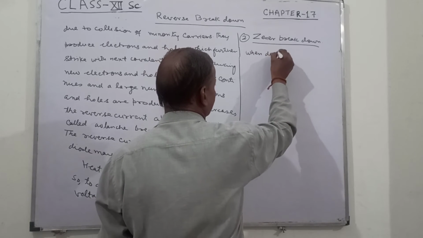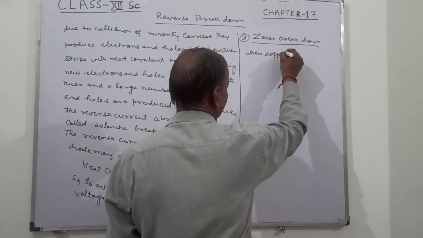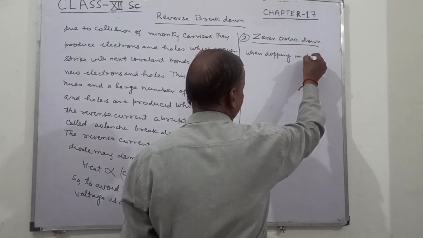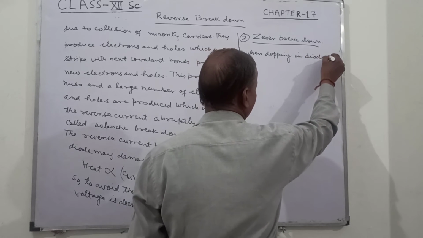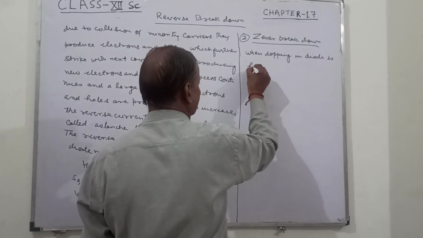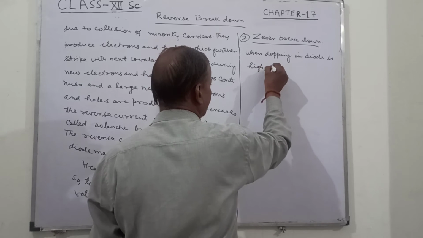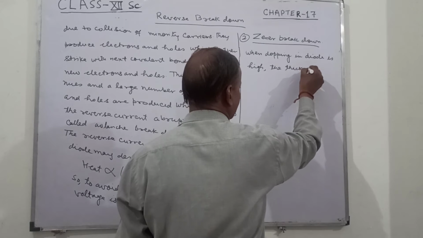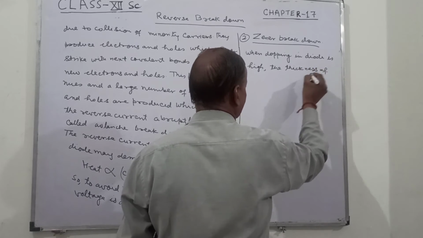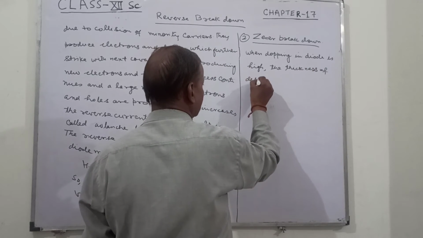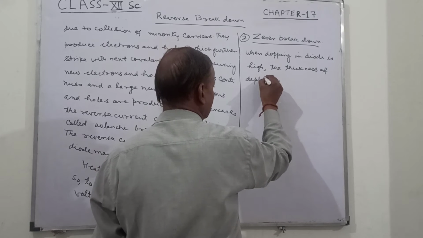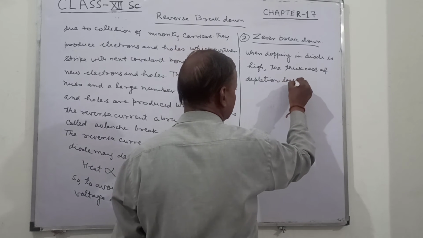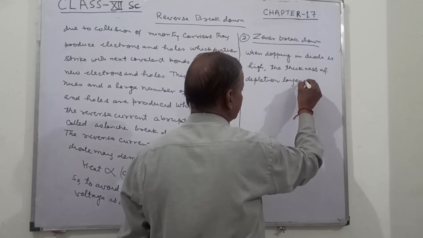When doping in the diode is high, the thickness of the depletion layer decreases.